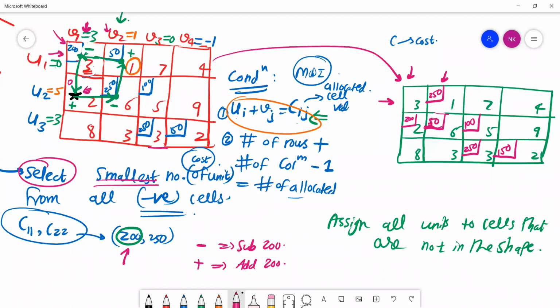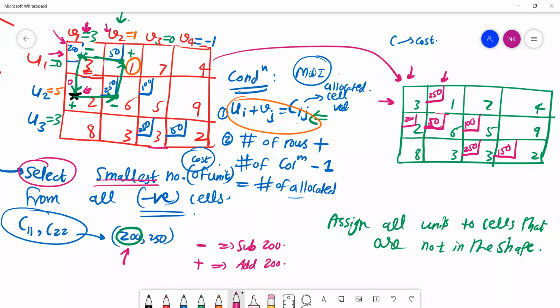So this is the purpose of the entire formulation of the loop, and we can adjust only because of the values of u and v. We are selecting randomly the values of u and v, and that is giving us the intuition about which cell is going to get penalized and which cell has more units than it should. In this case, it's the 6. The cost price is higher, so we should be reducing the number of units.